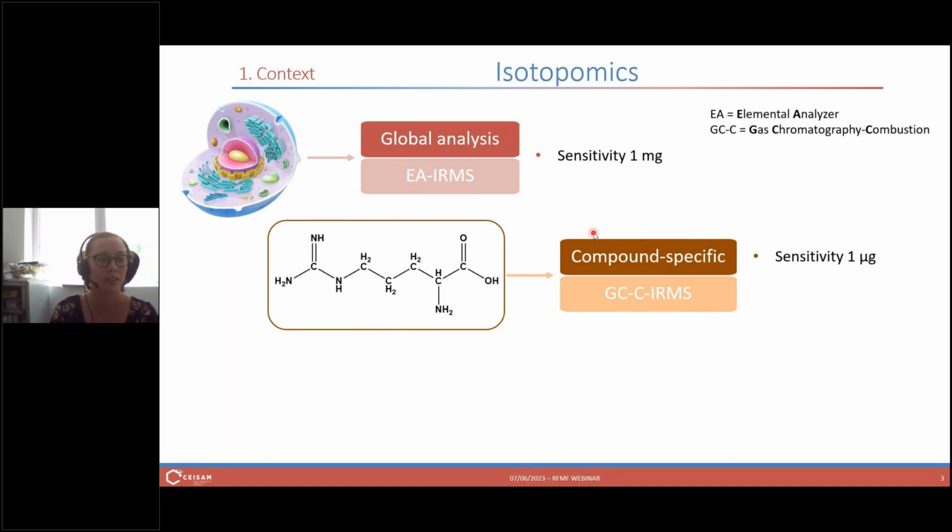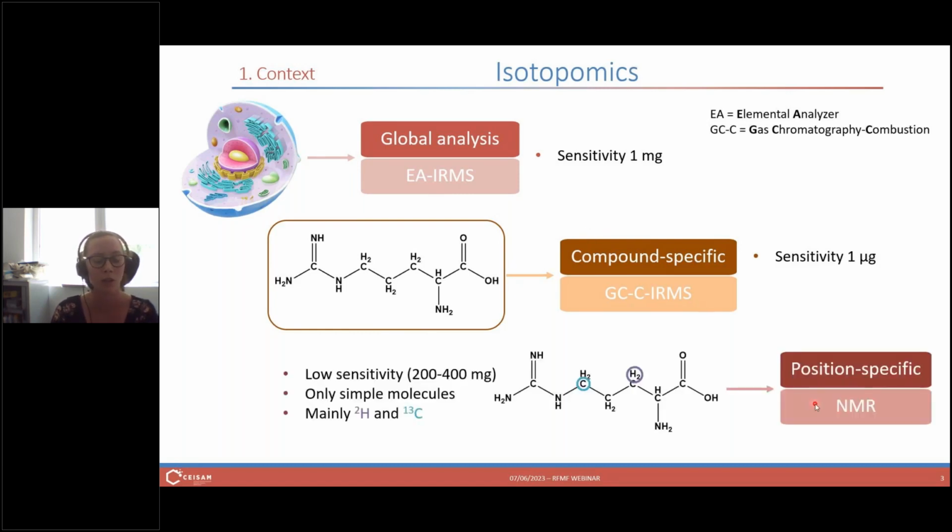Both of these techniques are very sensitive, but if you want more details on your isotope composition, you can do NMR to have a position-specific isotope analysis. So here you measure the isotope composition on a specific site, like this carbon or this deuterium. However, you have a low sensitivity and you can study only simple molecules, and mainly for deuterium and carbon-13.